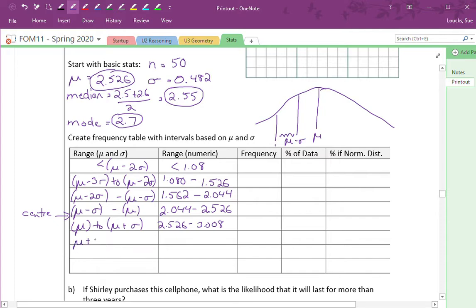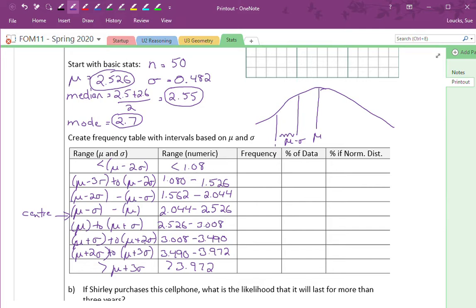And then the mean plus 1 standard deviation to the mean plus 2 standard deviations, 3.008 to 3.490. Okay, so that's our intervals that we're going to use on the table.